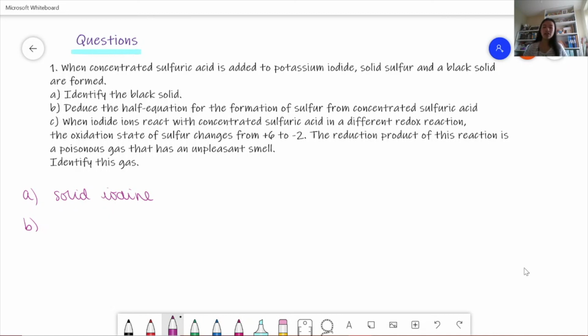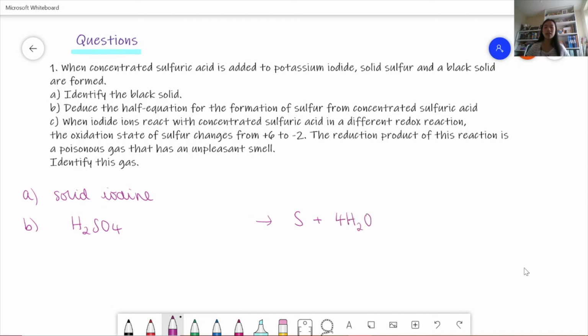So if we start off with sulphuric acid, and then we end up with sulfur, first we need to balance everything that isn't oxygen and hydrogen. So that's already done because we've balanced the sulfurs. And then we add in waters to balance the oxygens. So we need 4 waters.